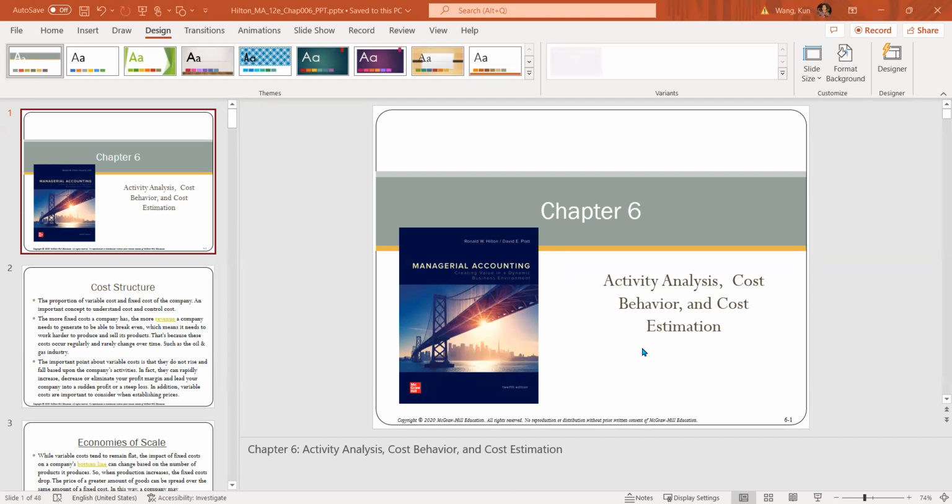That's why we bring in chapter 5, activity-based costing, which is more popular, and you can see its application in real manufacturing or service industries.